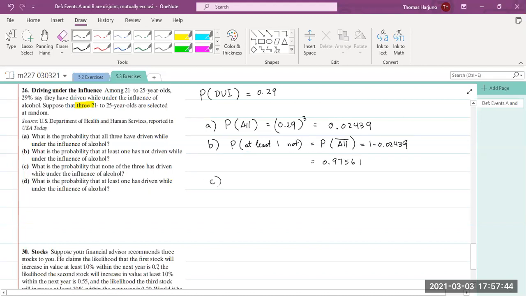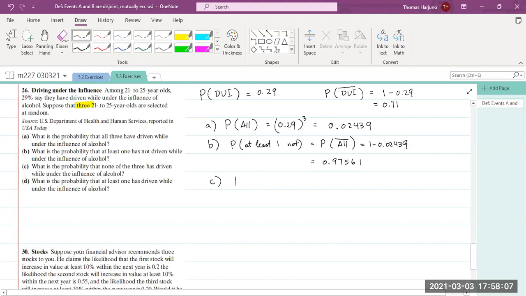Part C. What is the probability that none of these three has driven under the influence of alcohol? If you select one at random, the probability that person doesn't have a DUI is 1 minus 0.29. That's 0.71.